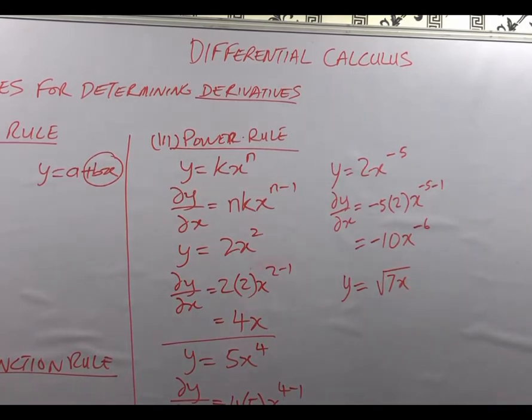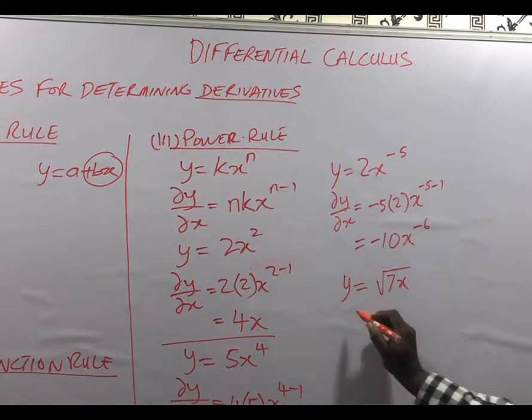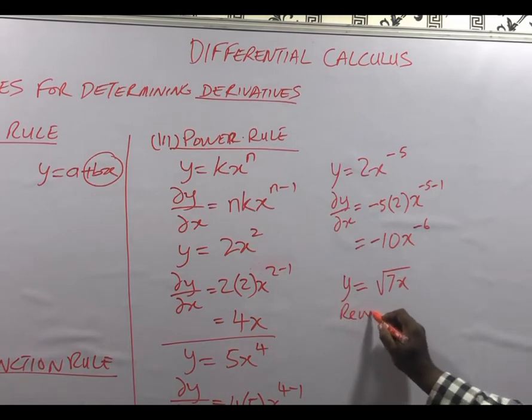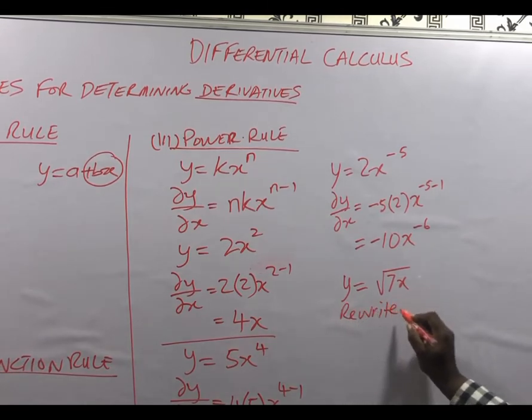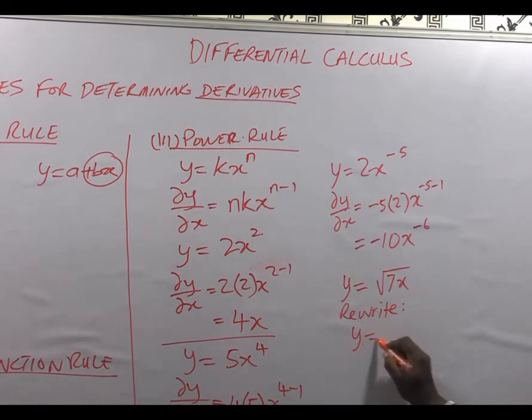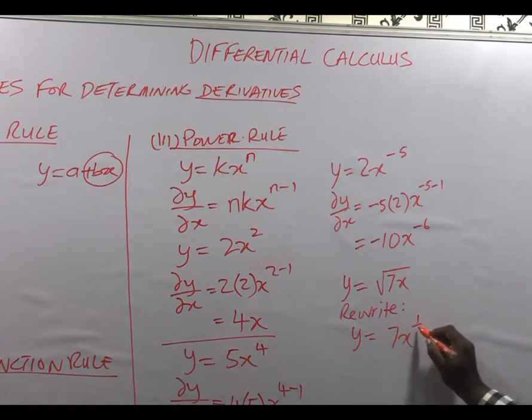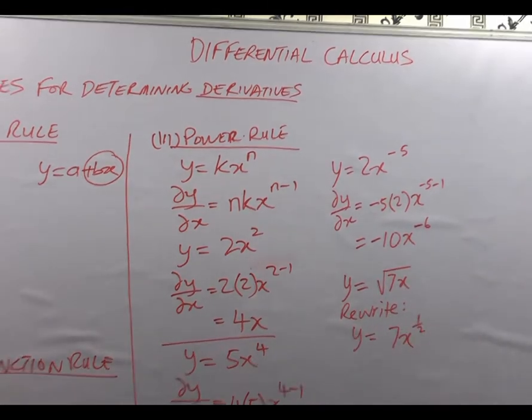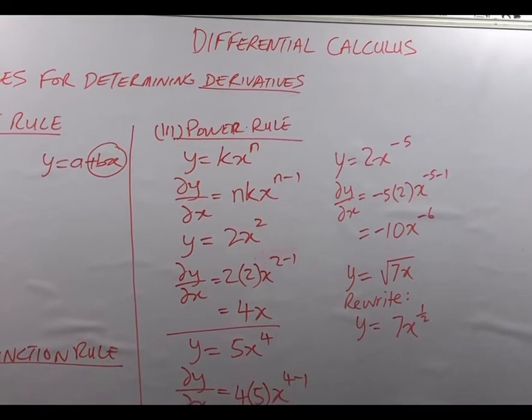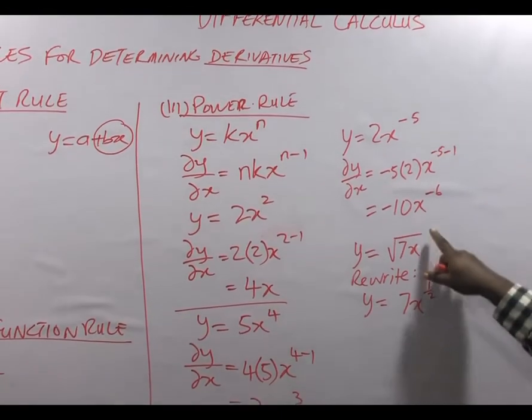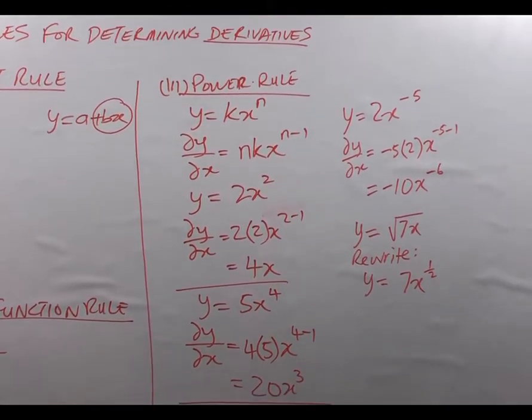We can rewrite this as y is equal to 7x raised to 1 over 2, which is according to the laws of indices.